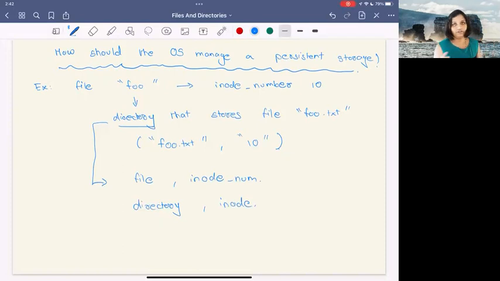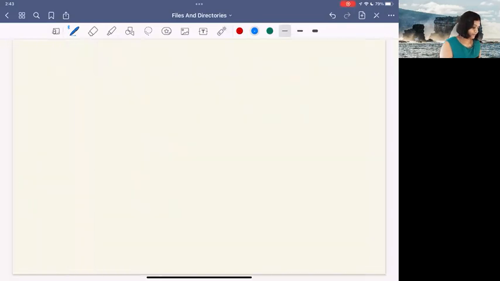So such a structure, where there is a directory, and that directory can have other directories or files inside it, and these other directories can again have some other files or directories inside them, could be represented as a hierarchy.